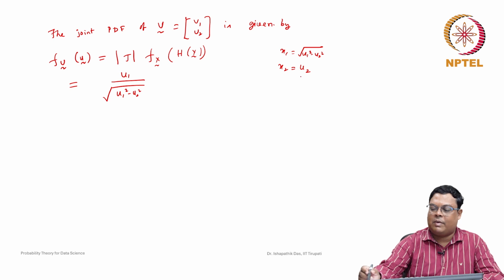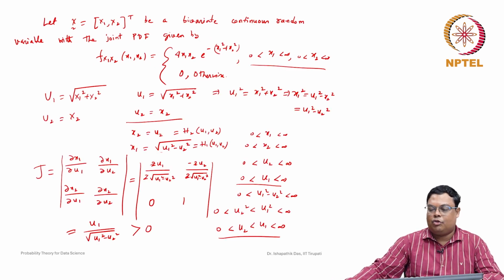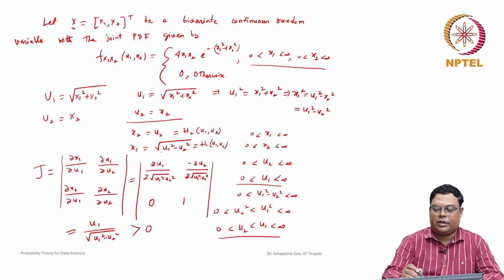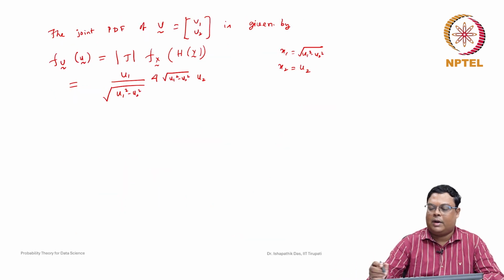Then we put this inverse here, so 4 x1 x2 is 4 times root over u1 square minus u2 square times u2, and e to the power of minus x1 square plus x2 square. Since root over x1 square plus x2 square is u1, this is e to the power of minus u1 square.